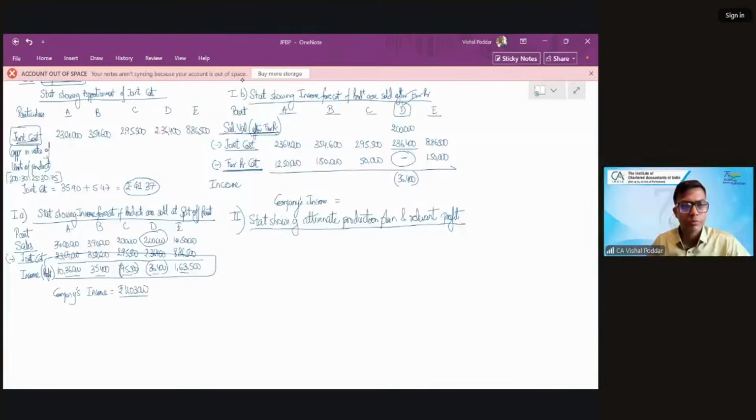Okay, Minu. Yes, Harsh, you can always write rupees in lakhs.